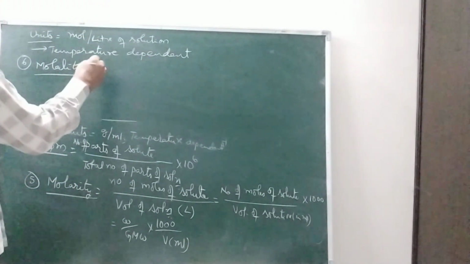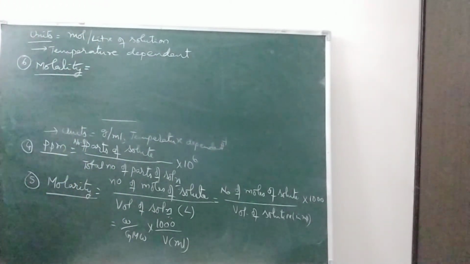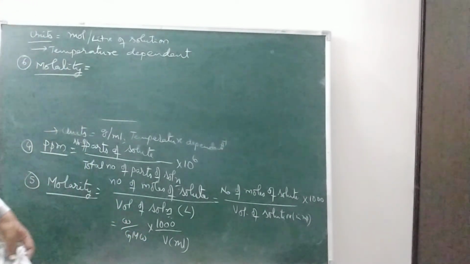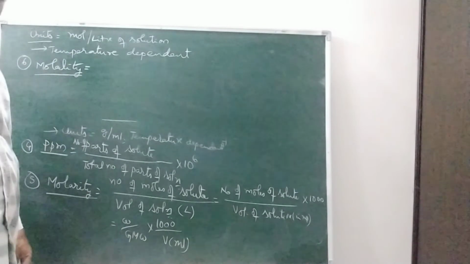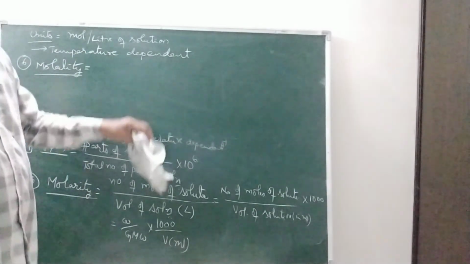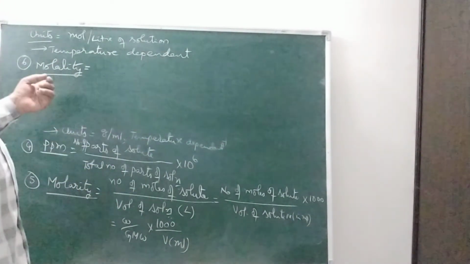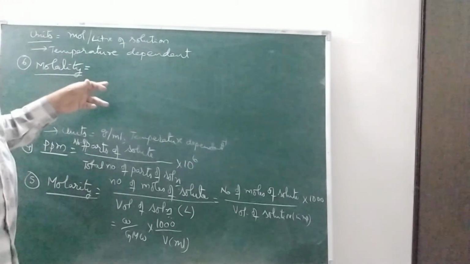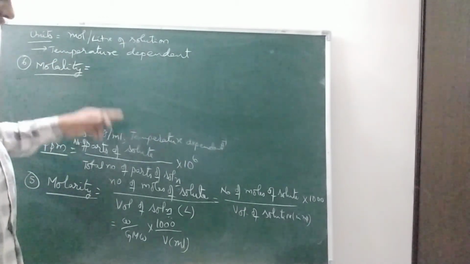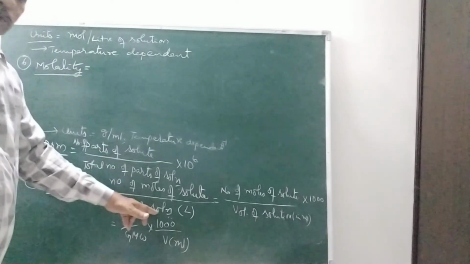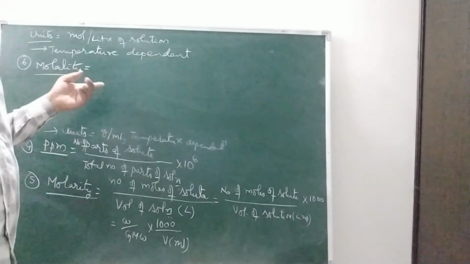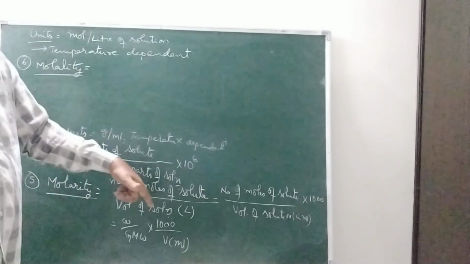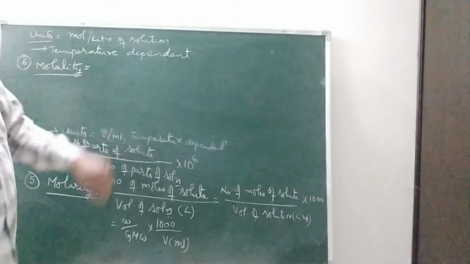So, molality is equal to number of gram moles of solute present in 1 kg of solvent. Okay, here it was volume of solution. Now we are taking weight of solvent. Solution means solute plus solvent. Here we are taking only solvent.